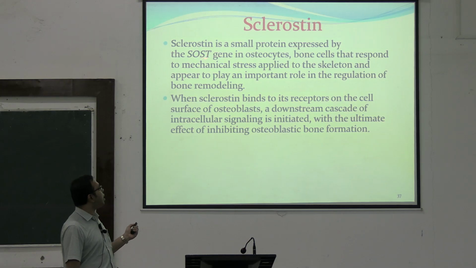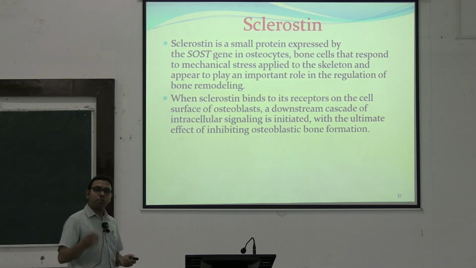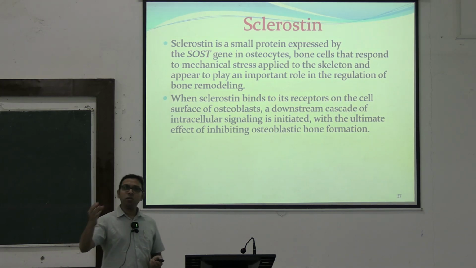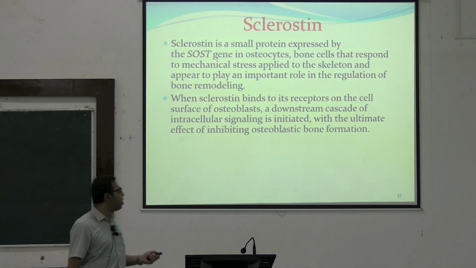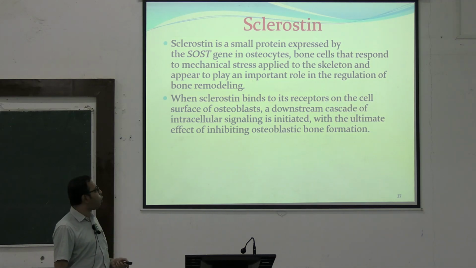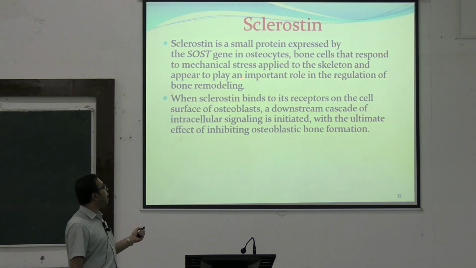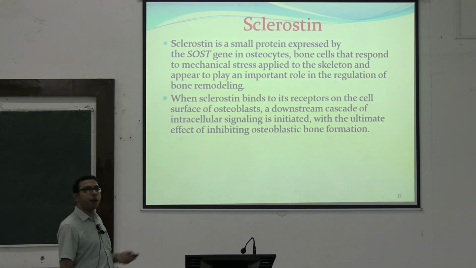Next is another protein, sclerostin. Sclerostin is expressed by the SOST gene in osteocytes. So basically osteocytes also work alongside the osteoblast and osteoclast cells. They contain sclerostin protein that responds to mechanical stress applied to the skeleton and appears to play an important role in the regulation of bone remodeling.